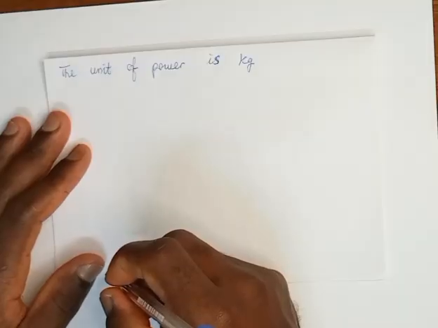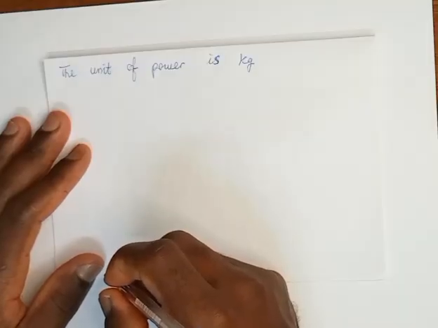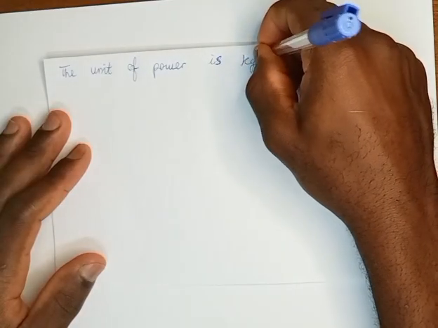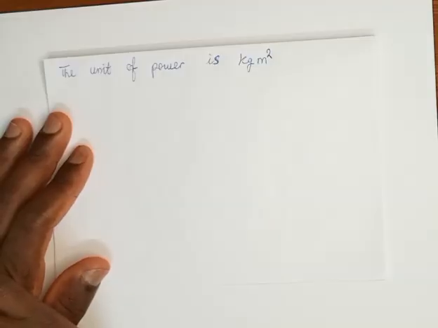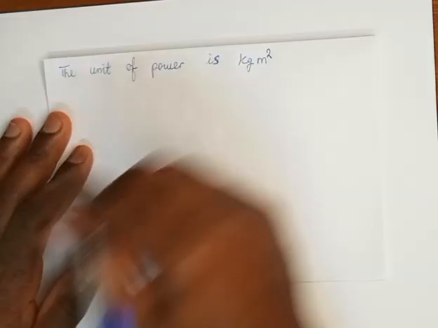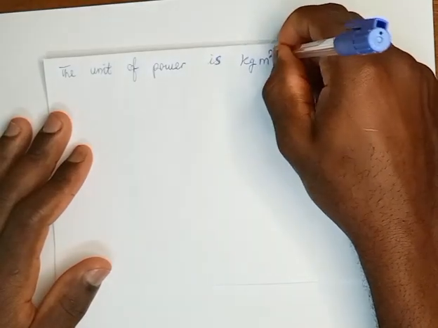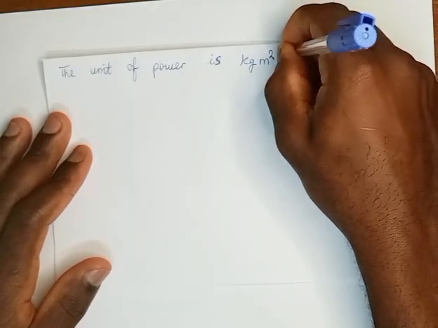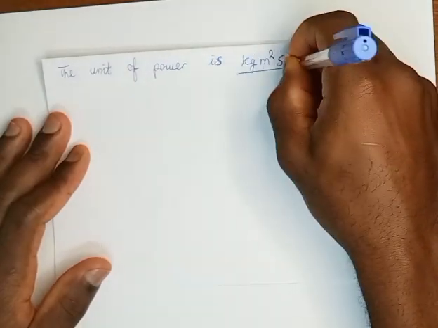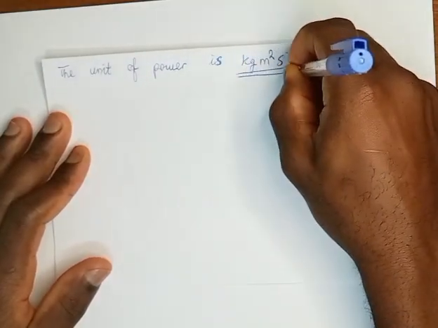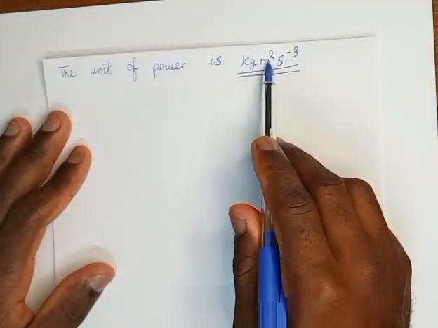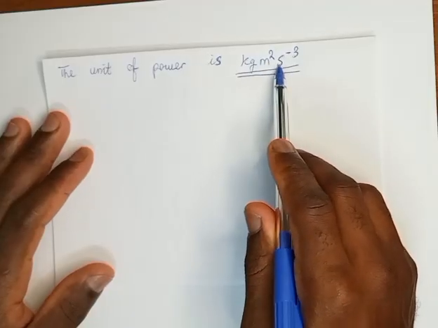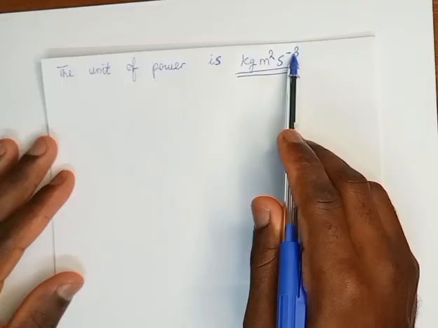Next we replace L by the unit of length, which is meters. Then we square it. Next we are replacing t with the unit of time, which is seconds. Then we raise this to the power negative 3. Therefore, the unit of power is kilograms meter squared per second cube.